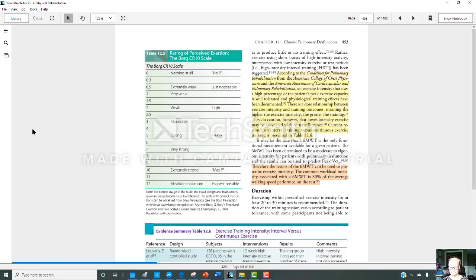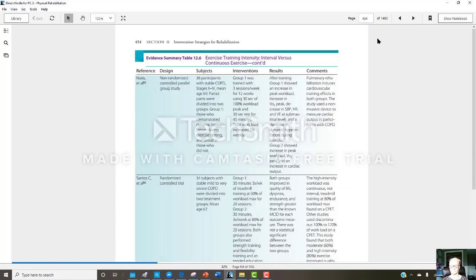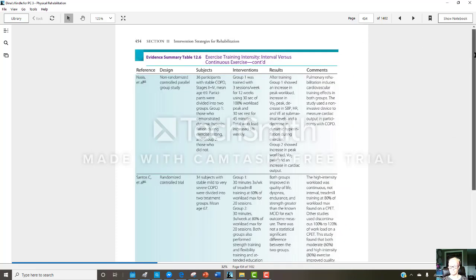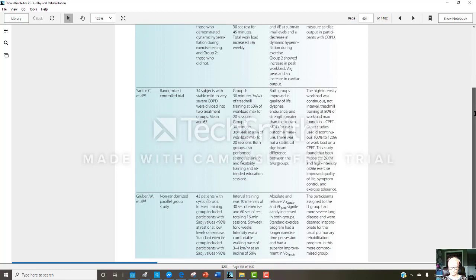The duration of the training session varies according to patient tolerance, with some participants not being able to maintain continuous exercise for 20 to 30 minutes. Oscillating between high-intensity exercise and low-intensity or rest periods can be used to accomplish a total of 20 to 30 minutes of discontinuous exercise. Frequency. The frequency of exercise refers to the number of sessions performed on a weekly basis during the exercise training period.